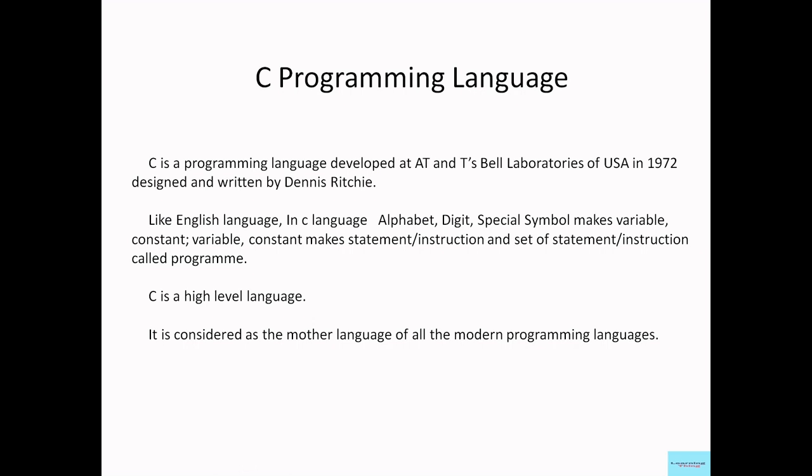Then what is a compiler and what is an interpreter? A compiler translates the whole code from a high level language to machine code before the program runs, and an interpreter translates code from high level language to machine code line by line. This is the difference. A compiler translates the whole code, but an interpreter translates the code line by line.